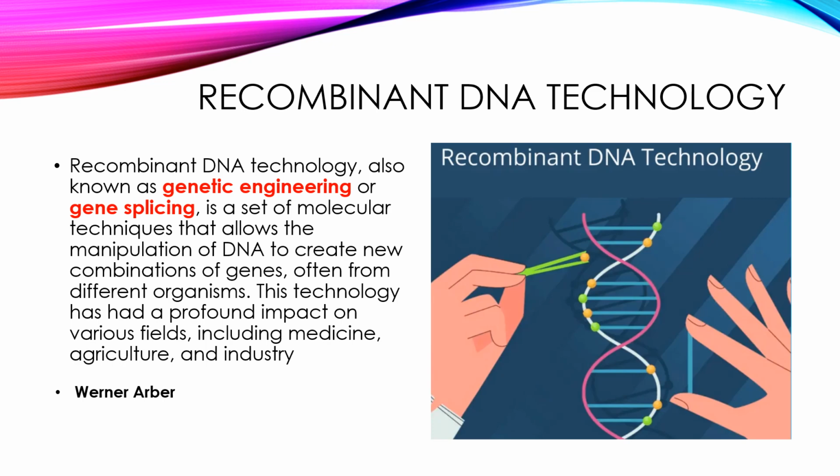Thus, choosing a perfect vector and host plays a vital role in this technology. The recombinant DNA has to be introduced into the host. It has to be maintained and carried forward to the next offspring without getting altered.